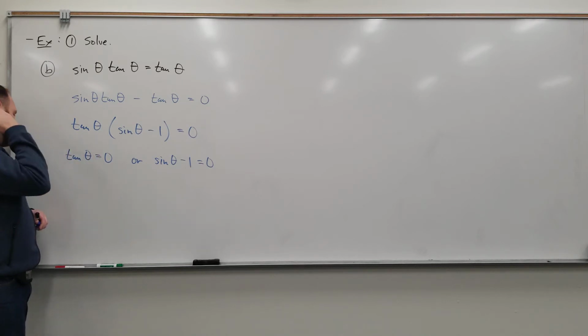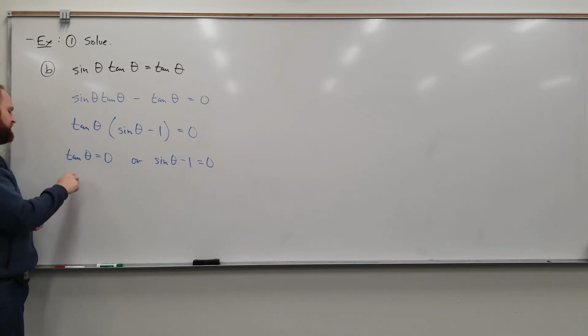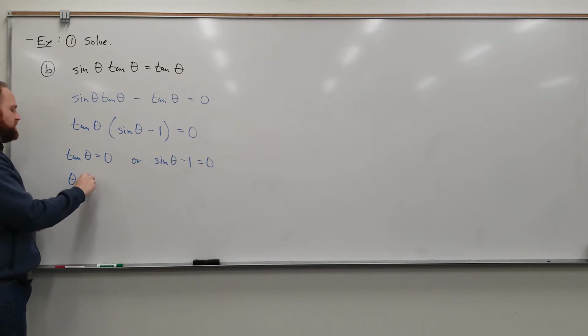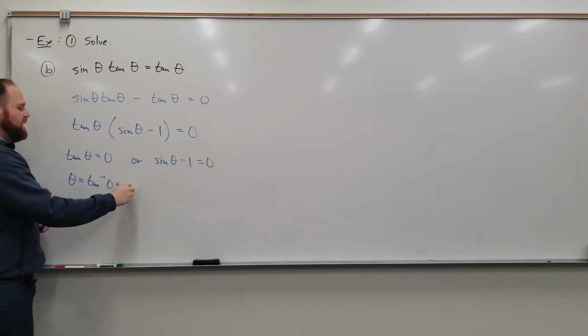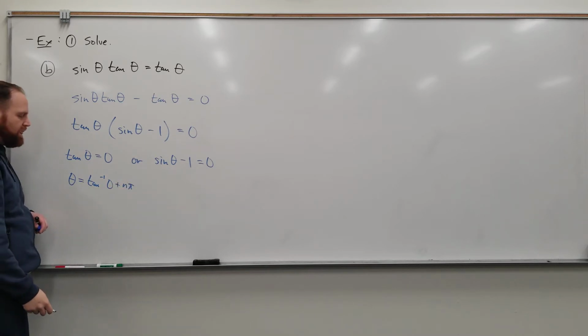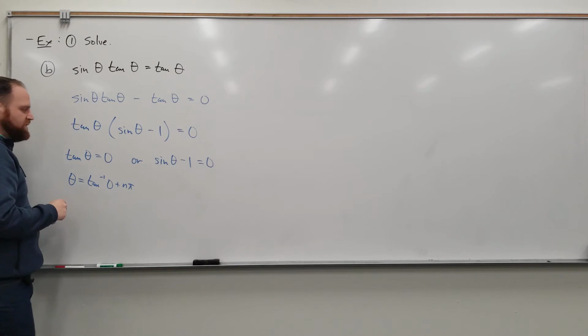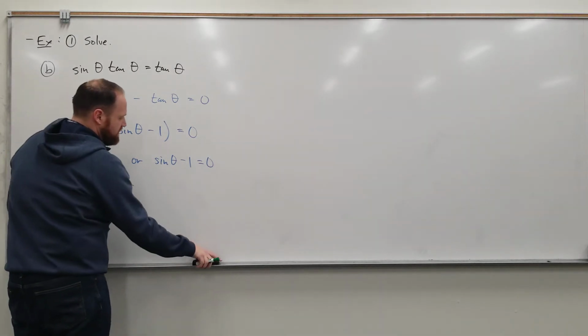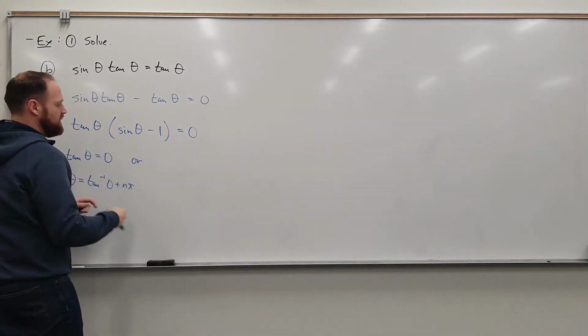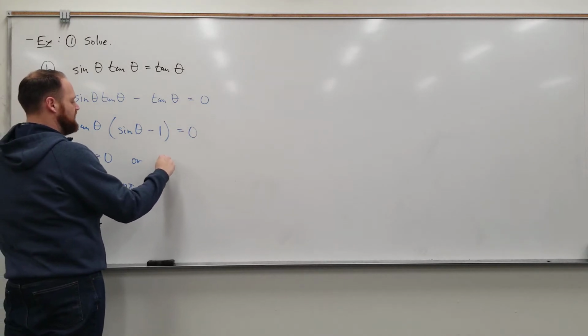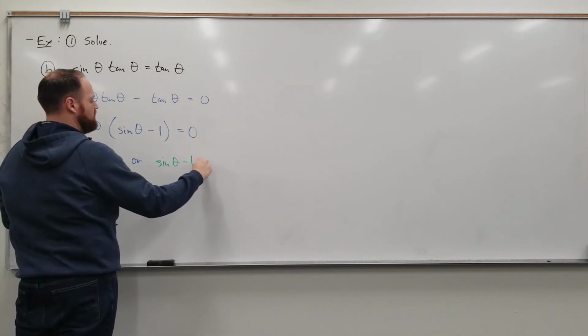Okay, so for tangent theta equals 0, that means that theta equals tangent inverse of 0 plus n pi. For sine theta, maybe I'll color code these to make it less confusing. So we also had sine theta minus 1 equals 0.